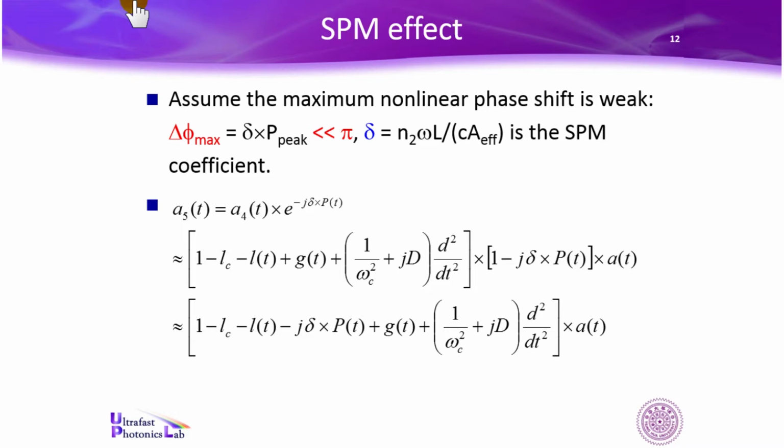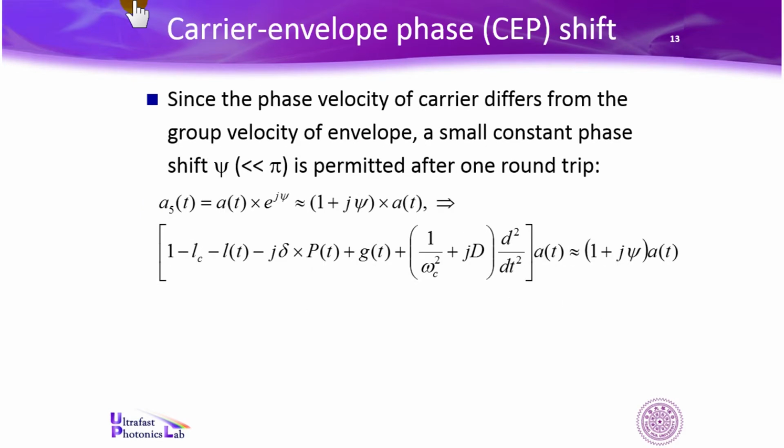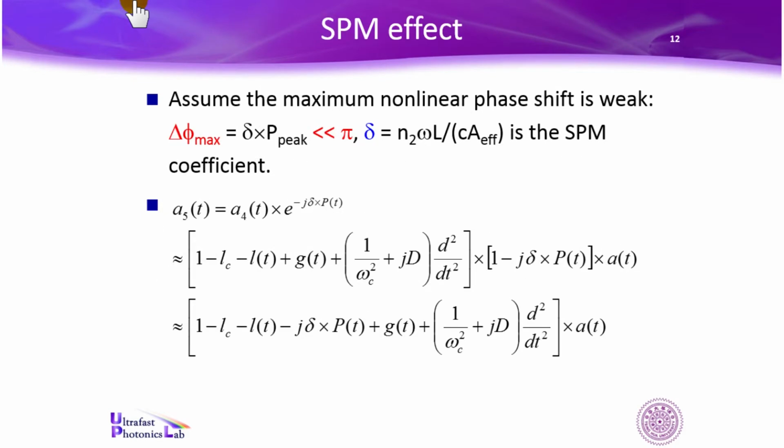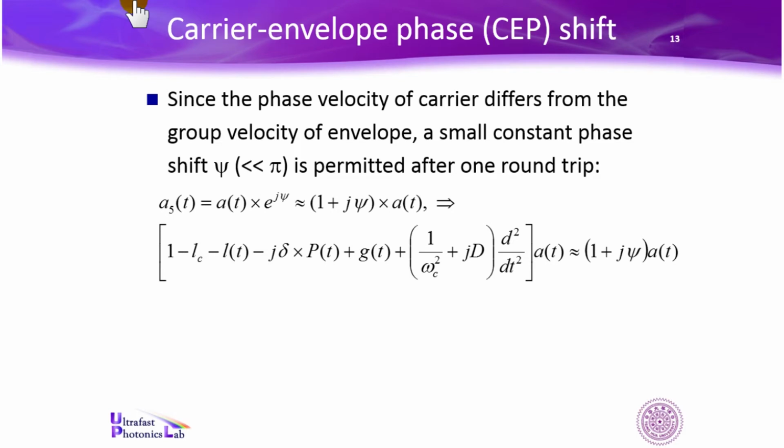So you can combine with the previous step, only preserving the lowest order terms, and arrive at this equation. Then finally, we have to deal with the CEP shift, the carrier envelope phase shift.